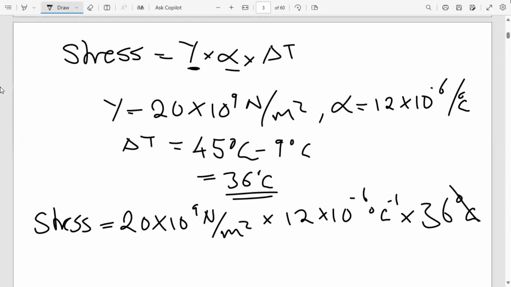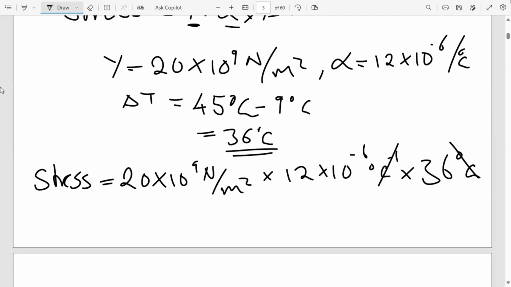So the 36 degrees Celsius will cancel out with the per degree Celsius, one is a denominator, the other a numerator. And what are we remaining with? We're remaining with 20 times 10 to the power 9 newtons per square meter multiplied by 12 times 10 to the power minus 6 multiplied by 36. So our stress will be equal to what?